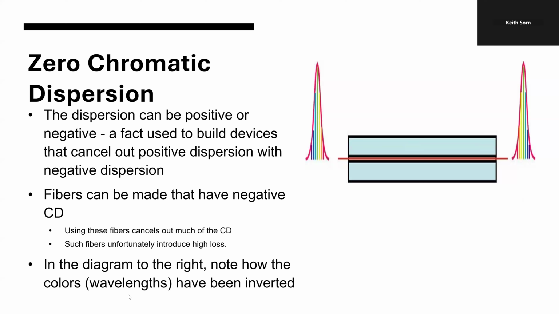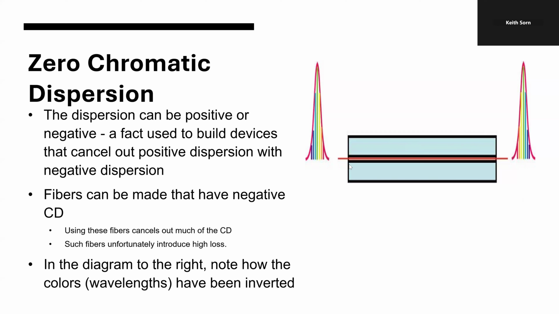So we see here how in this special fiber, the purple is going to travel faster than the red, the inverse of the normal dispersion. So we take this piece of fiber, hook it to a normal piece of fiber, and the two cancel out.